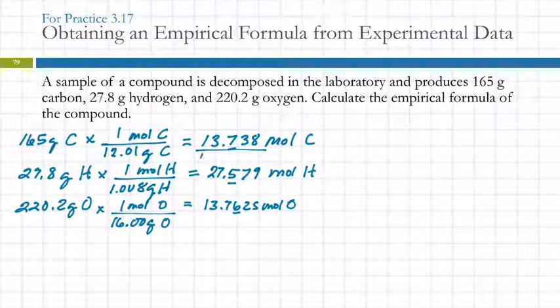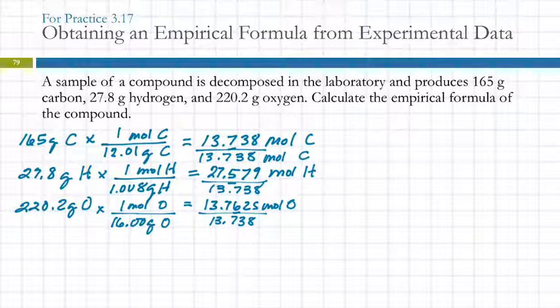So this one gets divided by itself, and this one gets divided by 13.738, and this one gets divided by 13.738. What I'm really doing here is dividing by moles of carbon, moles of carbon, moles of carbon. So I'm finding how many moles of each of these elements per mole of carbon.